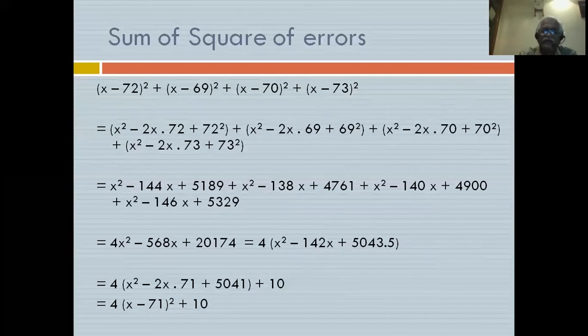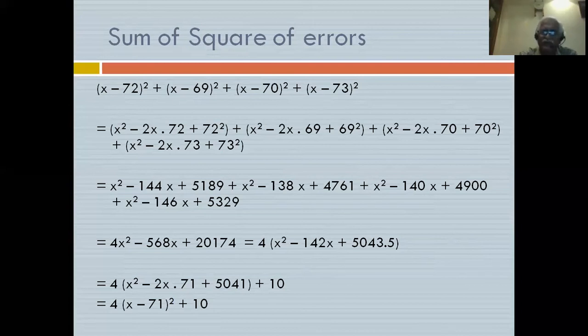Now it is the sum of square of errors. That was the thing we first had to understand. So (x minus 72) square plus (x minus 69) square plus (x minus 70) square plus (x minus 73) square. This was what we got. So it is (a minus b) whole square: x square minus 2x into 72 plus 72 square.